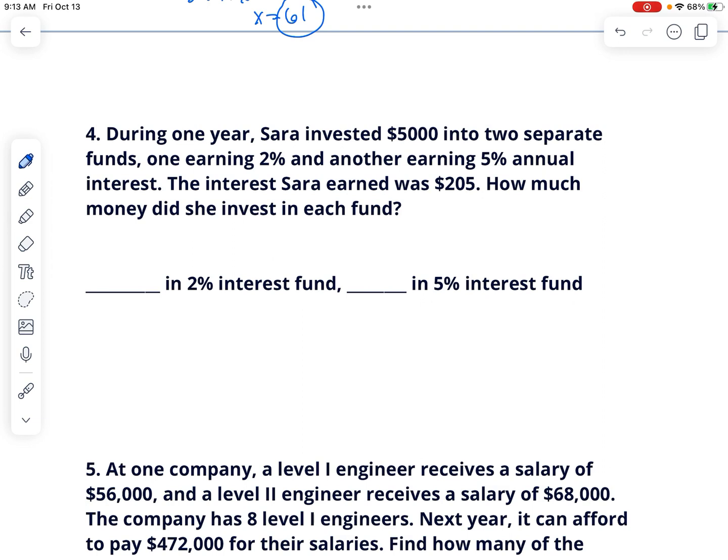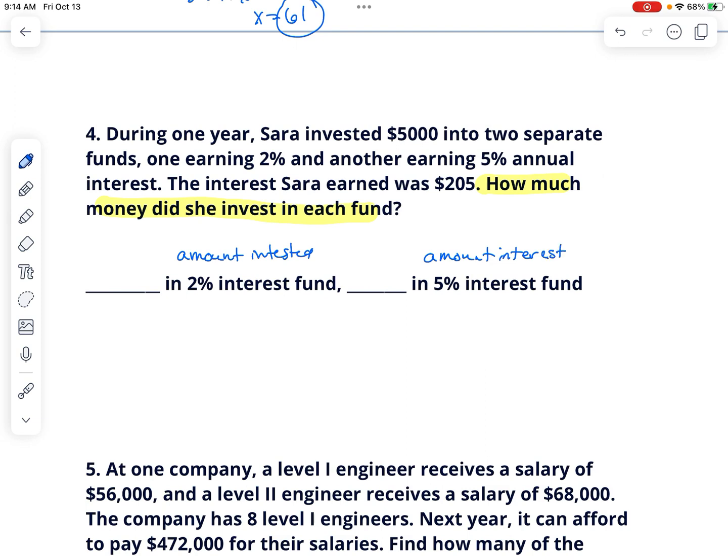So what we're looking at is in this last statement here, how much did she invest in each fund? So this is the amount invested in the 2% fund, and this is really our amount invested in the 5% fund.